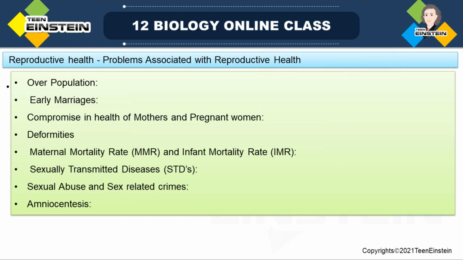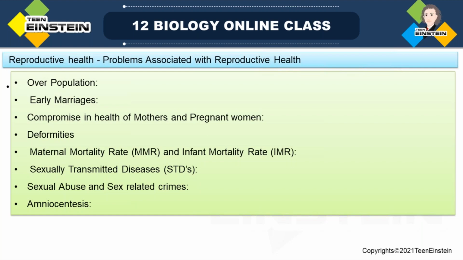Then the next point is maternal mortality rate and infant mortality rate. Maternal mortality or MMR, and infant mortality rate, IMR. Note down these points, because early pregnancy will lead to an increased rate of maternal mortality, right?